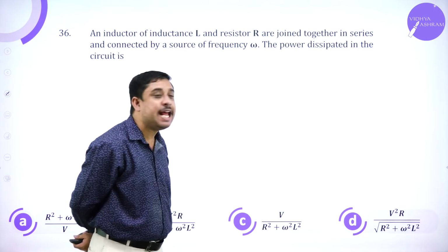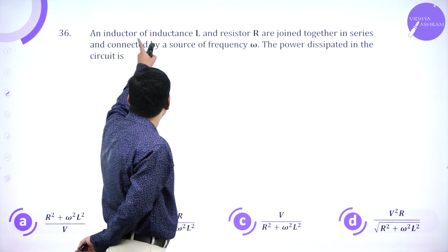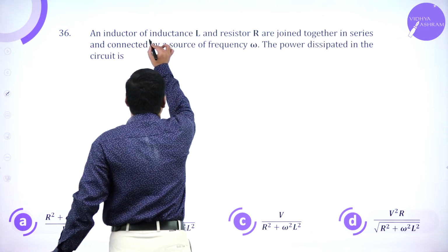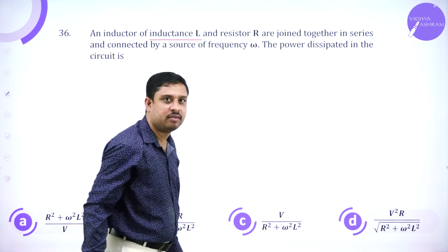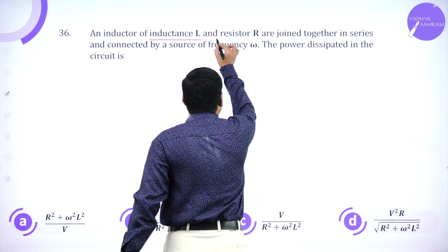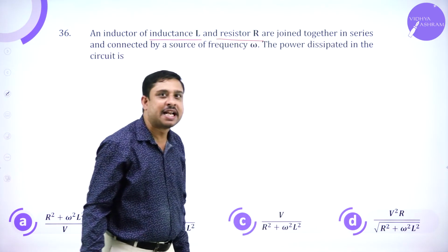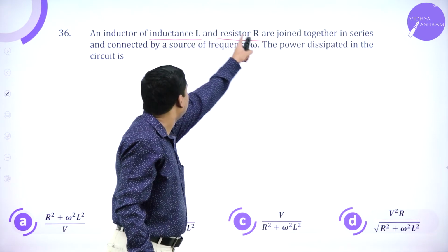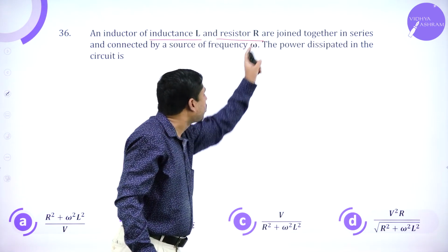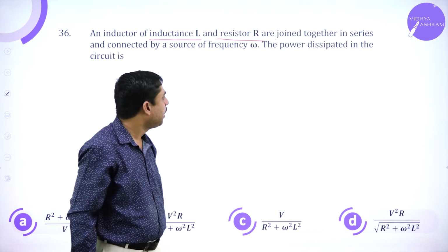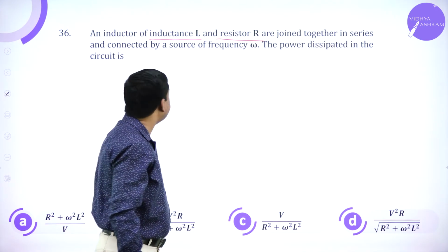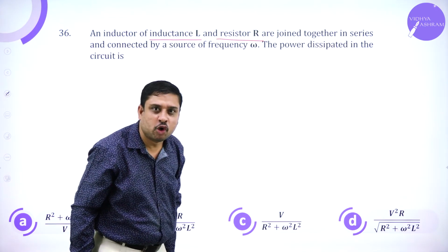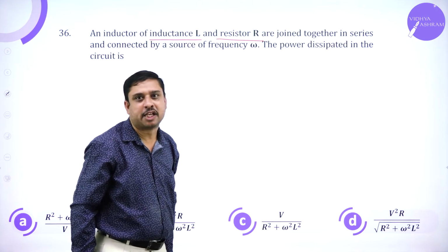This is an RL circuit. Inductor of inductance L, resistor of resistance R connected in series to a source of frequency omega. The power dissipated in the circuit has to be calculated.